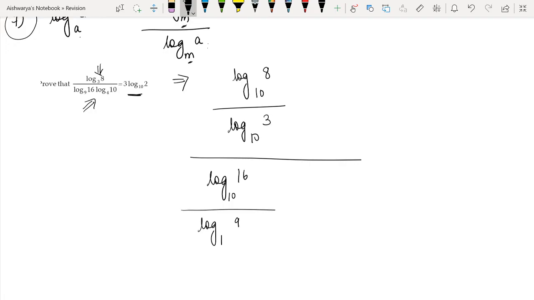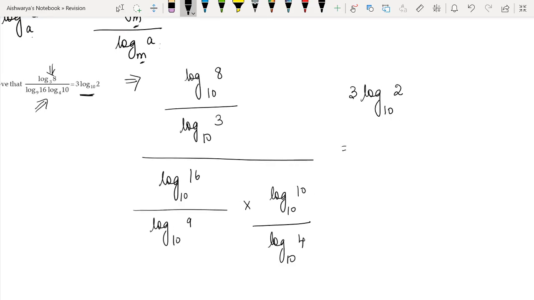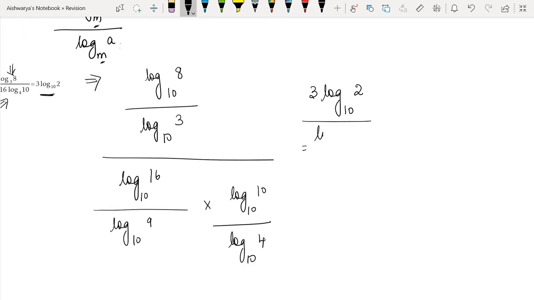Okay. Now this, I will just simplify this a little bit. Log 8 is nothing but 2 cube. So I'll bring the 3 outside with the base 10 here, divided by log 3 base 10. I can't simplify this further. Okay. Now next is this term. When it goes up, it will become log 9 base 10.